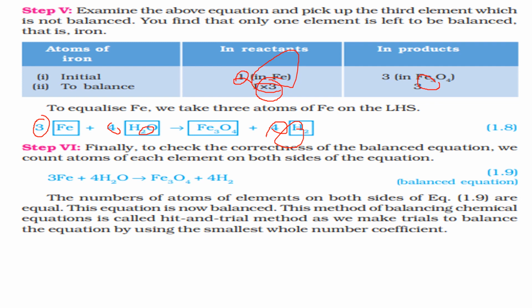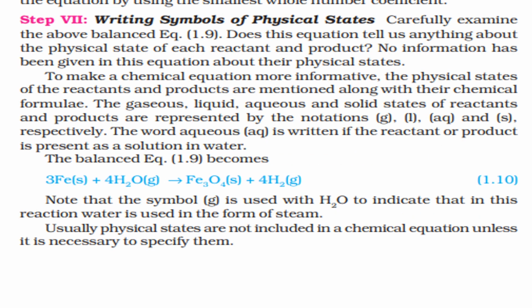Now we compare that all the elements are balanced. So we can see 3Fe and 3Fe on both the reactant as well as product side. 8, 8 hydrogen on both the sides, reactant and product. Similarly, 4 oxygen is present on both the sides. Now we can say that the equation is balanced.